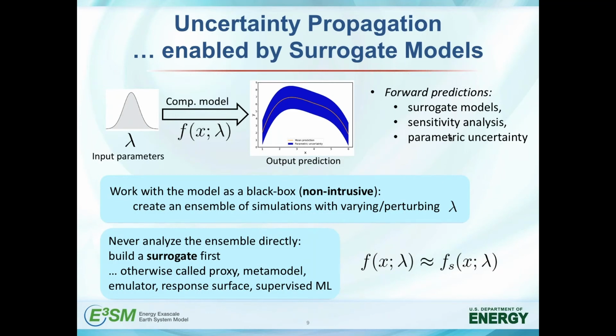If we're interested in global gross primary productivity, we know the values of that for the 200 ensemble members, and then we can fit a function over the whole parameter space that will predict what that value of global GPP will be at some other combination of parameters without having to run the full ELM model. So we work with the model as kind of a black box.